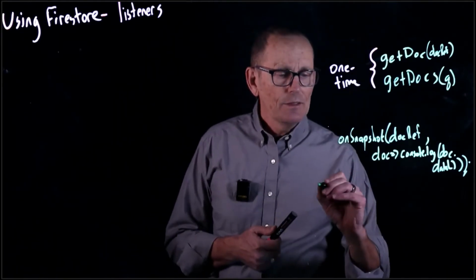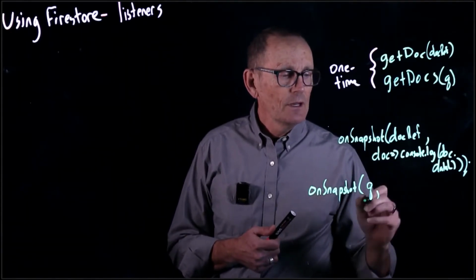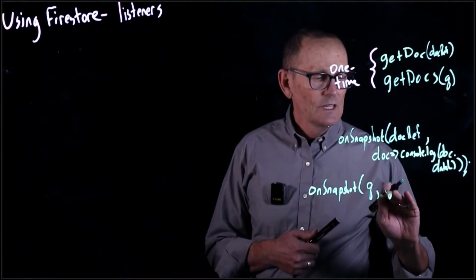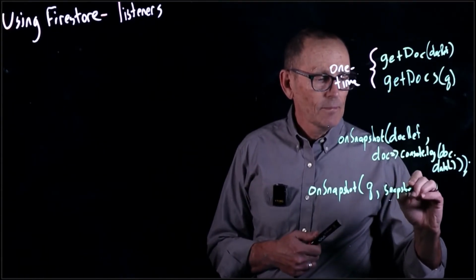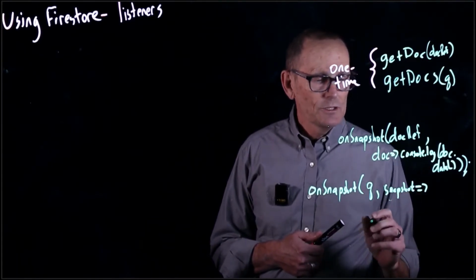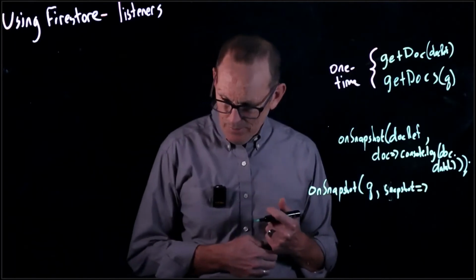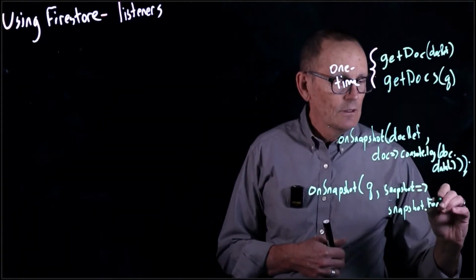And as well, there's also an onSnapshot that takes a query. And again, a callback. This callback gets called with a snapshot, and it can do whatever it wants to do with that snapshot. So it might do, for instance, a snapshot.forEach.